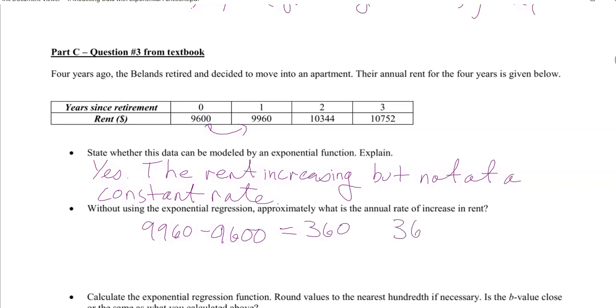So we go 360 out of 9,600, and then to turn it into a percent, we multiply by 100, just like you would do on a test. Let's say you got 36 out of 50. You'd work that, and then to get a percent, you just multiply by 100. We got 3.75. So it's increasing by about 3.75%, at least the first time it increased by 3.75%.